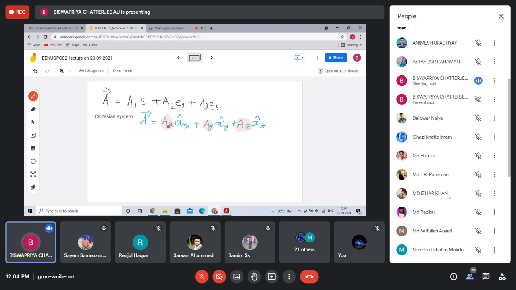Ax is the magnitude of that vector along the x direction, Ay along the y direction, and Az is the magnitude of A along the z direction. Now this a x cap, a y cap, a z cap are the unit vectors along the respective directions.